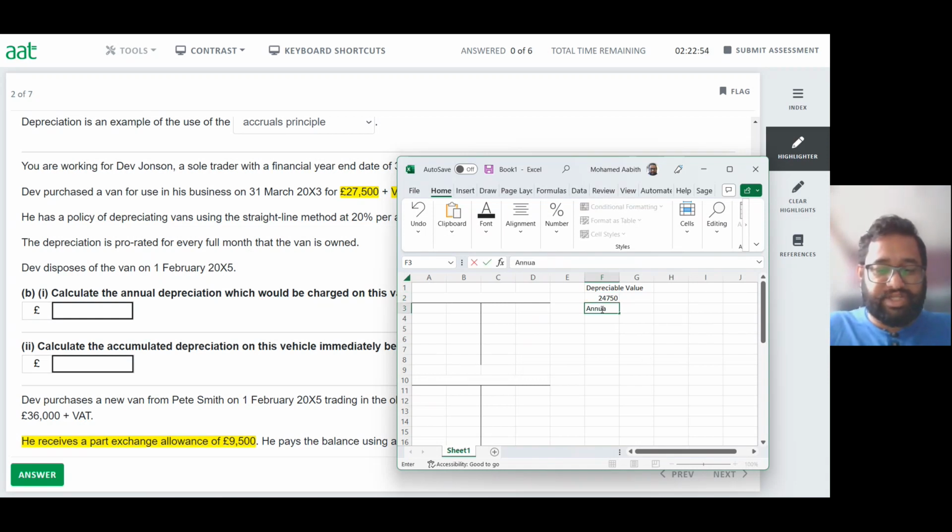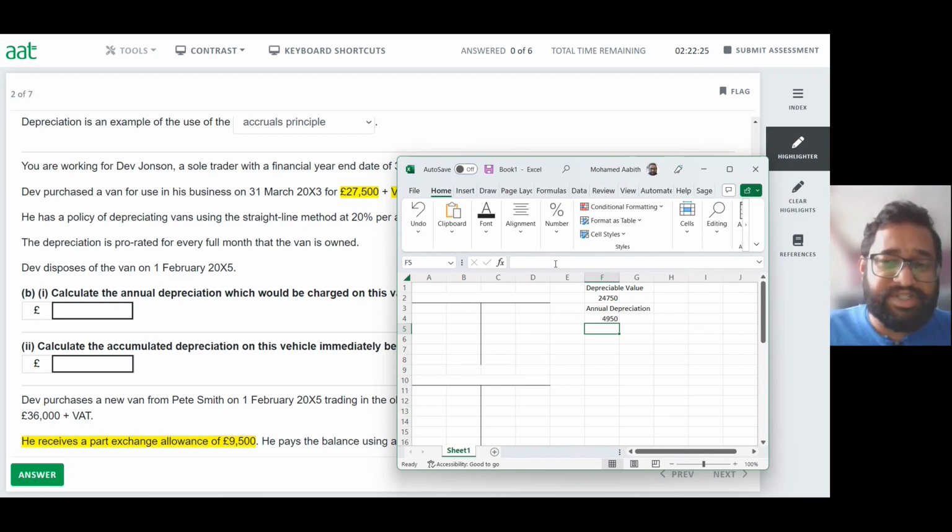So annual depreciation will be coming down to this equal to multiply by 20%. Or you can also do divided by 5, because if you know the straight line basis is 20%, that means it's going to be used for 5 years in a row.